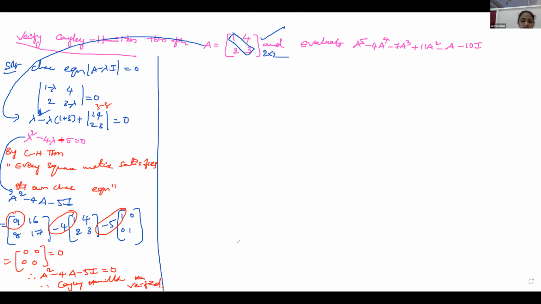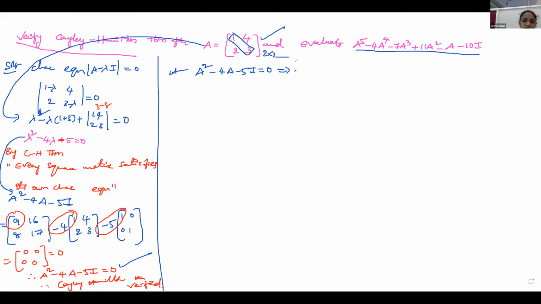Okay. Now, what is our next step? We have to evaluate this one. Evaluation means we have to reduce this total polynomial in terms of A. For that we take our characteristic equation by using Cayley-Hamilton theorem. The equation is A square minus 4A minus 5I equal to 0.